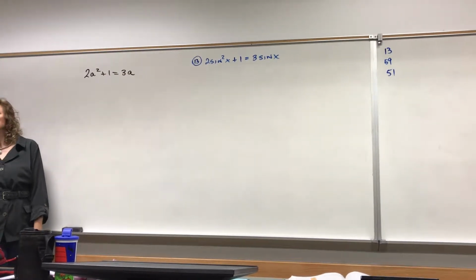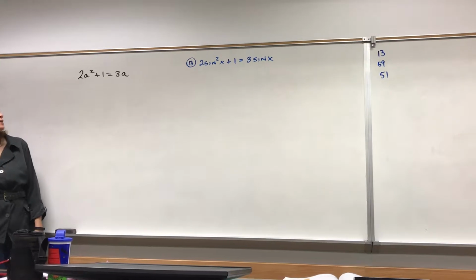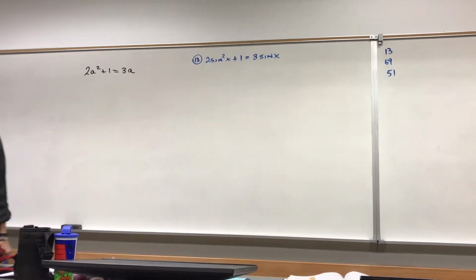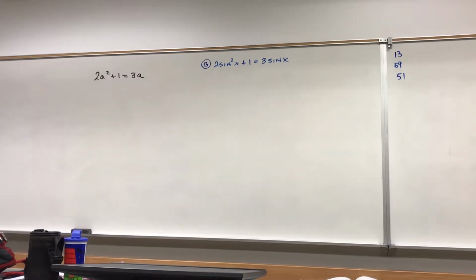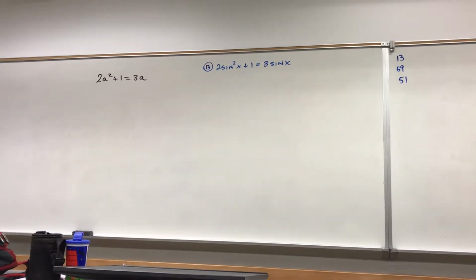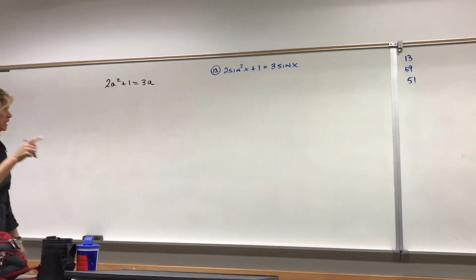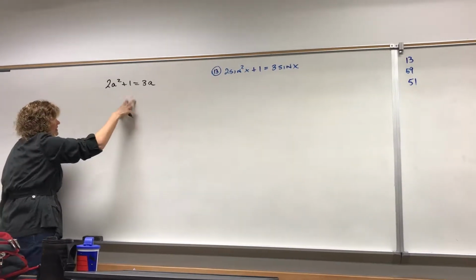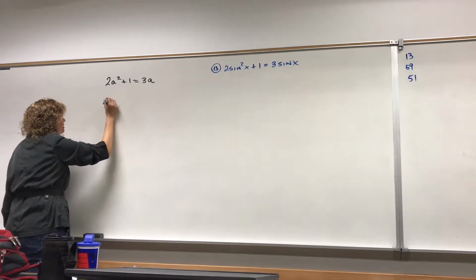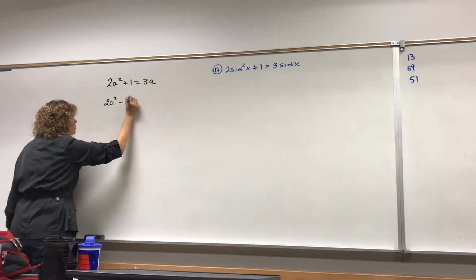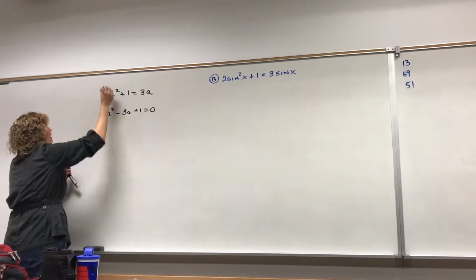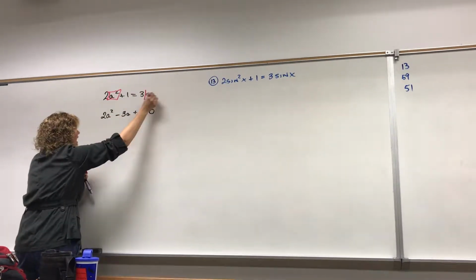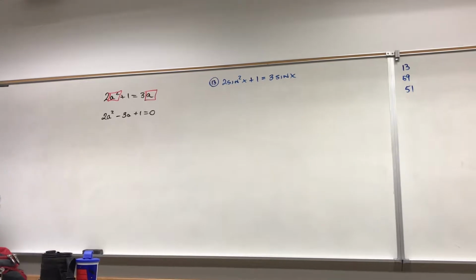Algebra. I'm trying to solve 2a squared plus 1 equals 3a. What do you do? Minus 3a. Bring the 3a over, set it equal to 0, and factor. Okay, so the reason why we need to do it in that method is because we have both a squared and a involved in the equation.